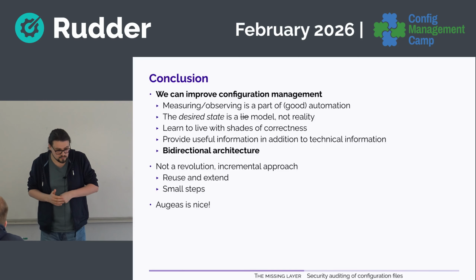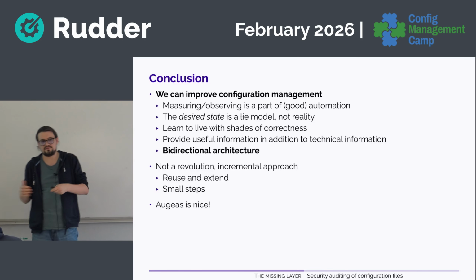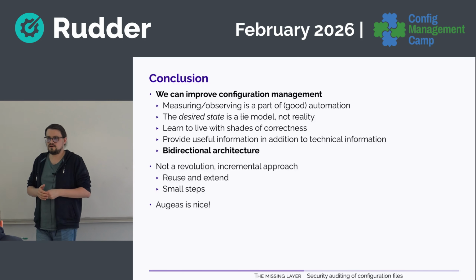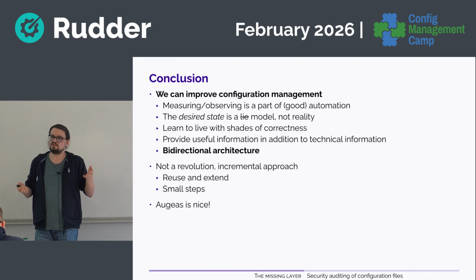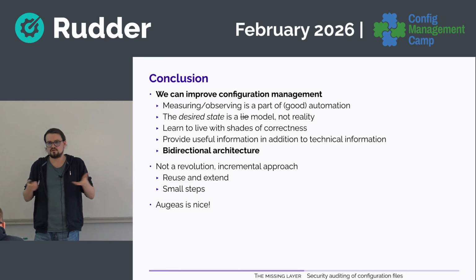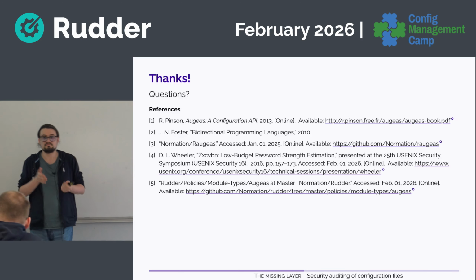And final word, Augeas is actually nice, even if it may seem a bit complex at first. When you dig a bit into it, the design is really nice and actually solved a problem that it was not supposed to solve because of its good design. So thank you. Do you have questions? Maybe?